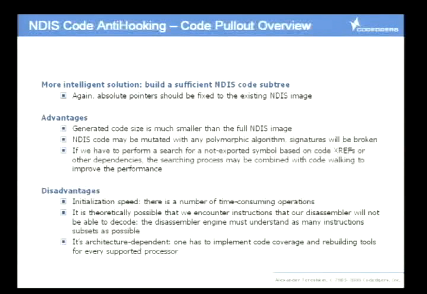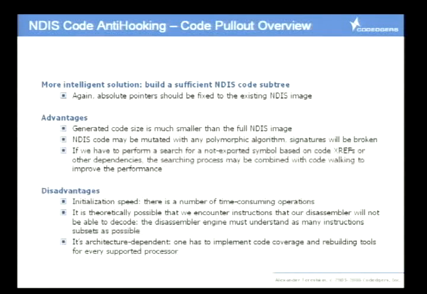And now the code pullout engine. It's a more intelligent solution. The idea is to build a sufficient NDIS code subtree. We should fix all absolute pointers to the existing NDIS image as it was done in the previous solutions.